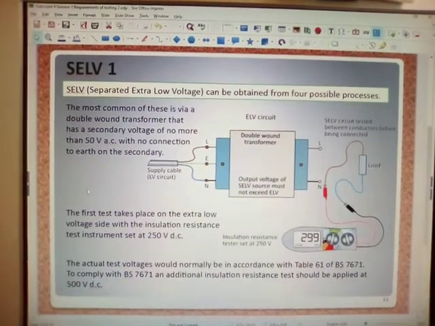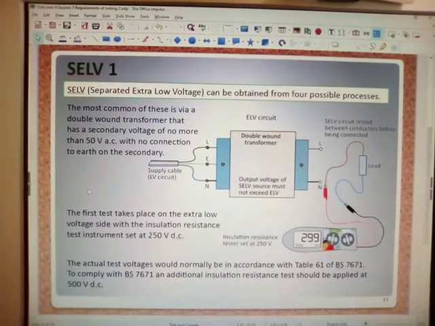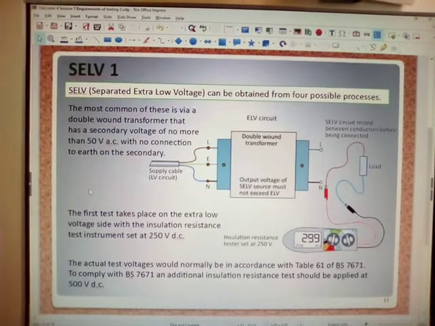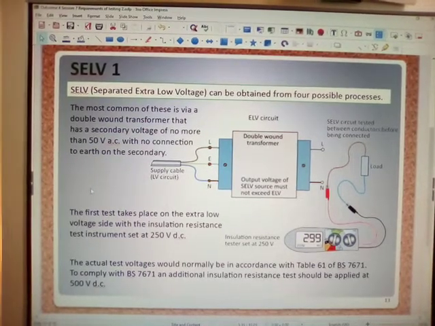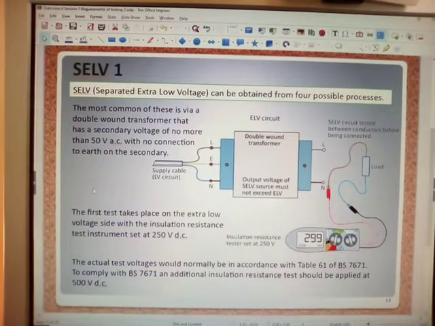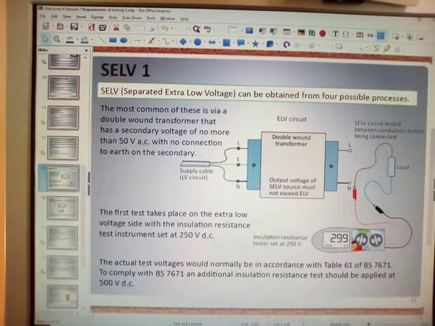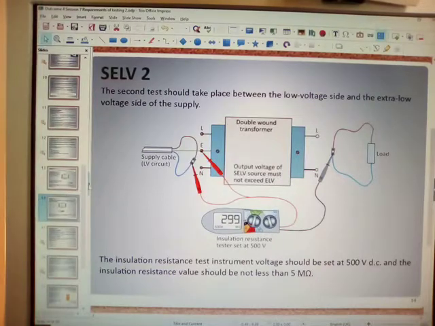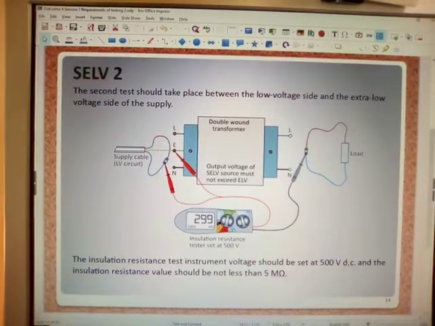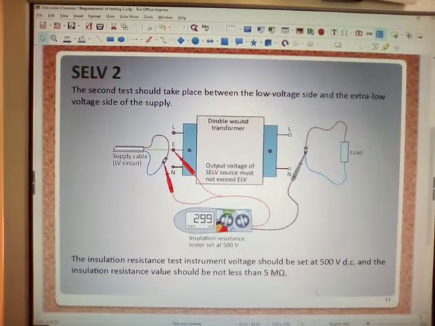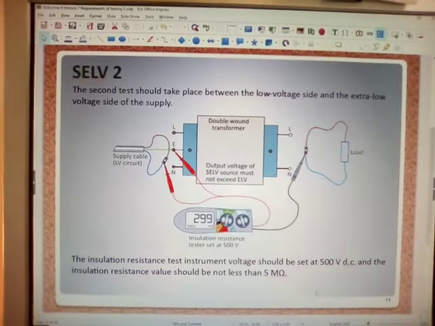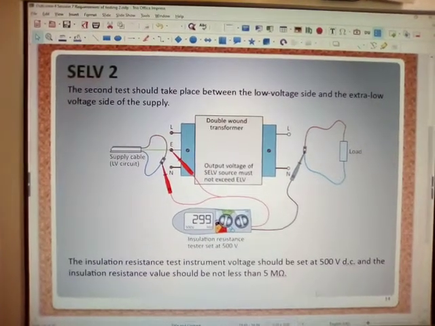Now again, make sure you are familiar with the current IET regs in reference to SELV. It is your responsibility. And here we have SELV 2, simply showing you the method of testing.